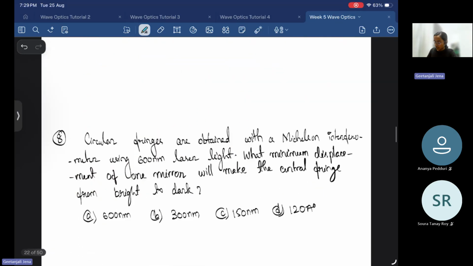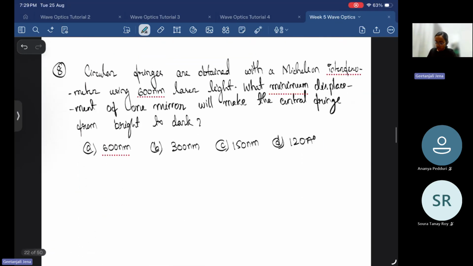Okay, so let us move to our next question then. This is for the Michelson interferometer. Circular fringes are obtained with a Michelson interferometer using wavelength 600 nanometer laser light. What minimum displacement of one mirror will make the central fringe go from bright to dark?